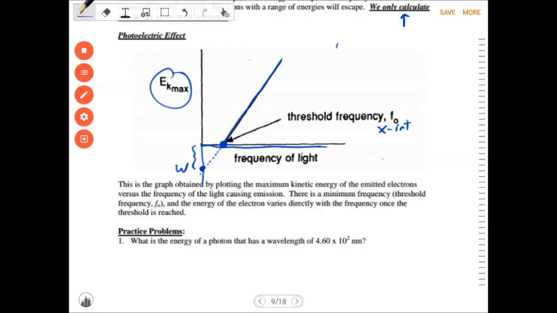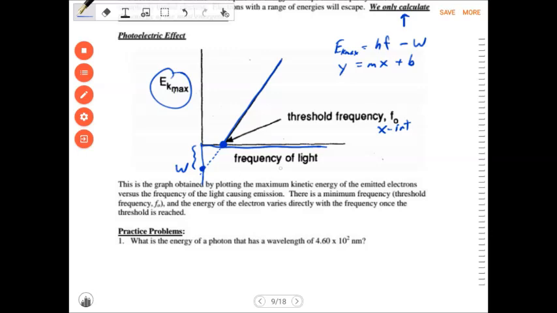I want to show you something really neat from Math 20, Math 10 even. EK max equals hf minus W. Compare that to y equals mx plus b. Oh, goodness, look at that. The y is the EK max.